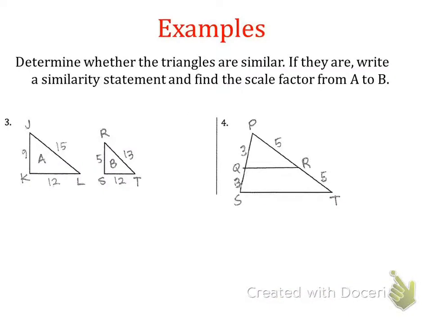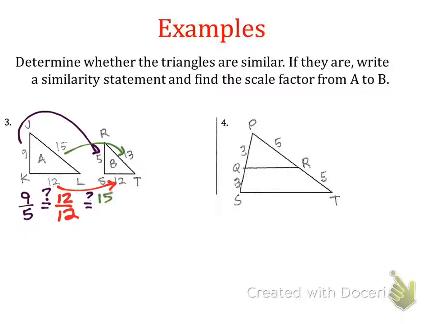So in this next example, since I don't see any angles being marked, I'm going to have to just match up the sides. And we're going to figure out, are those 2 sides equivalent to the next 2? And then is that equal to the last 2 numbers, 15 to 13? Because none of these fractions will reduce to the same thing.